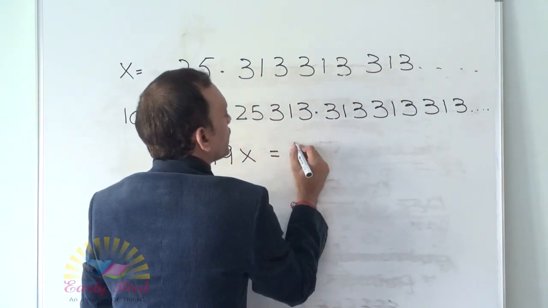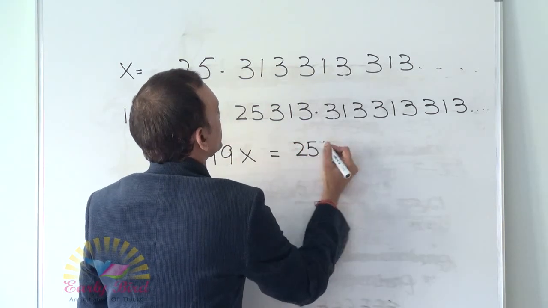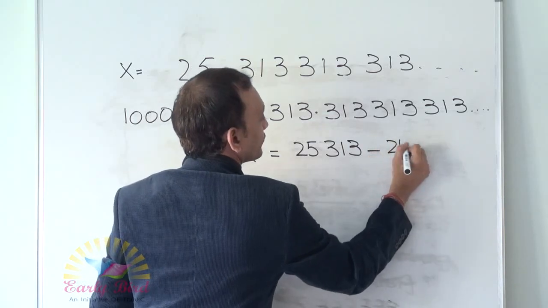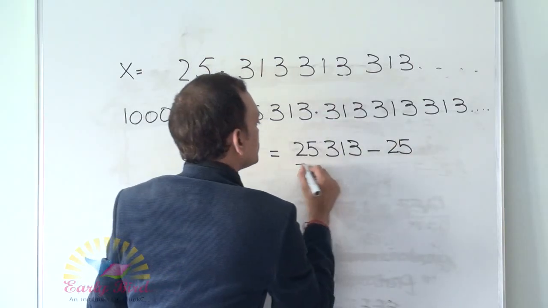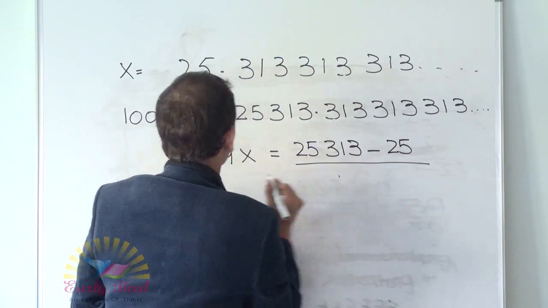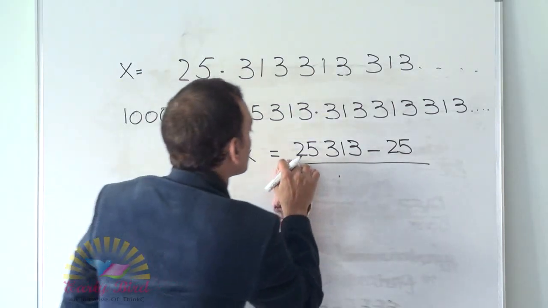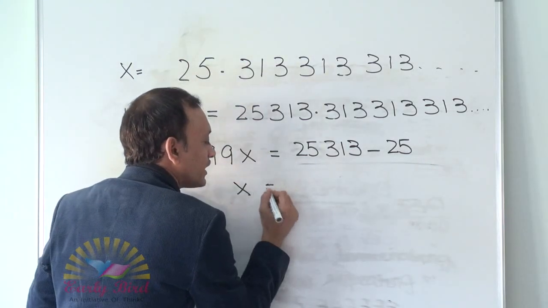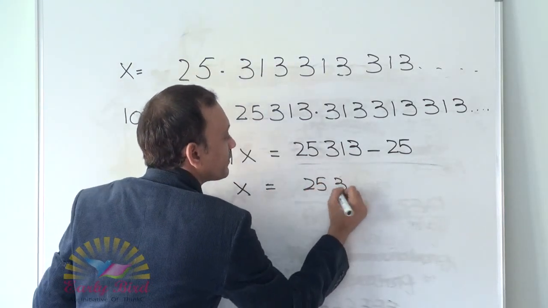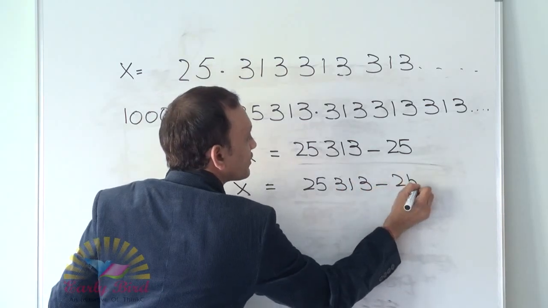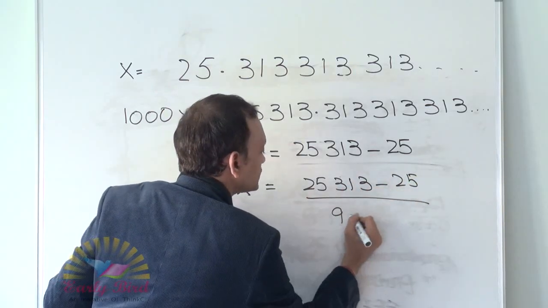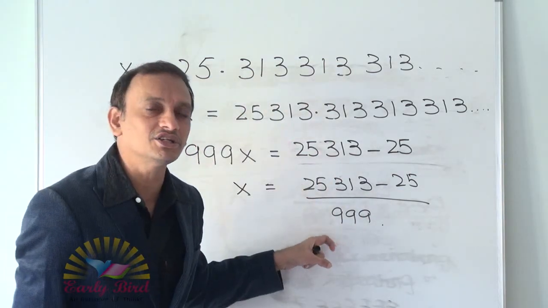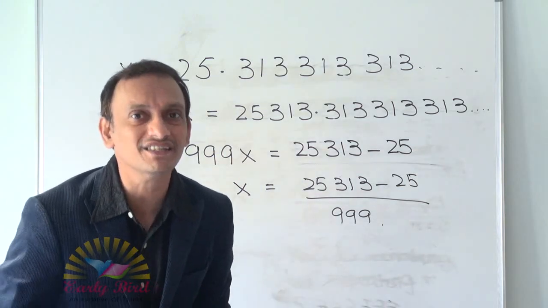And therefore, what I am left with in the numerator is 25313 minus 25, divided by 999x. X therefore is 25313 minus 25 divided by 999, which is an integer divided by an integer and therefore should be looked upon as a rational number.